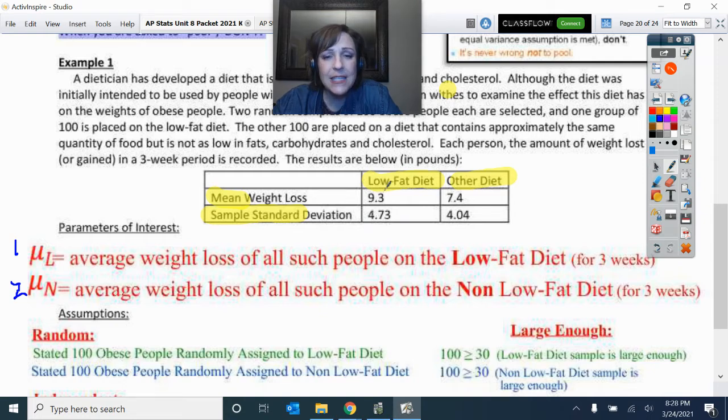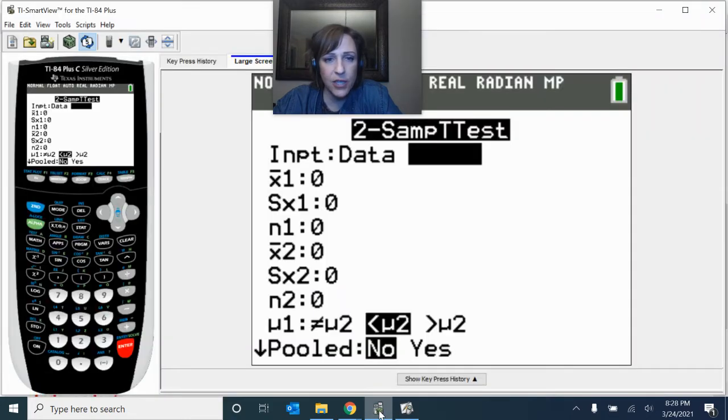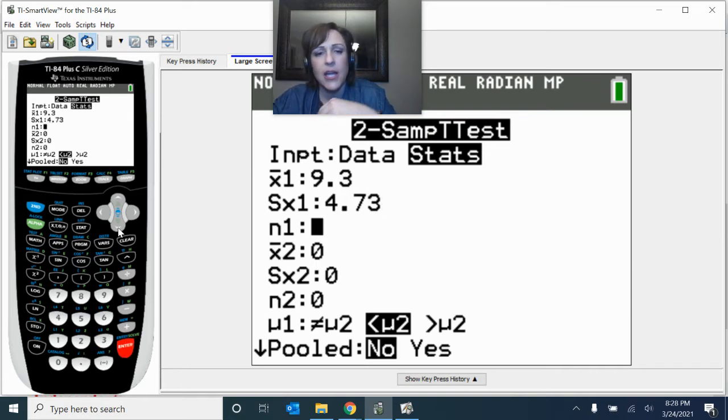For the low fat, the mean is 9.3 with a sample standard deviation of 4.73. So here's my group 1: 9.3, enter. 4.73, enter. What's the sample size? Sample 1 was 100 people.